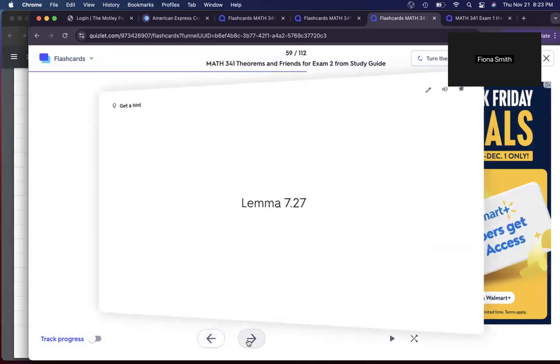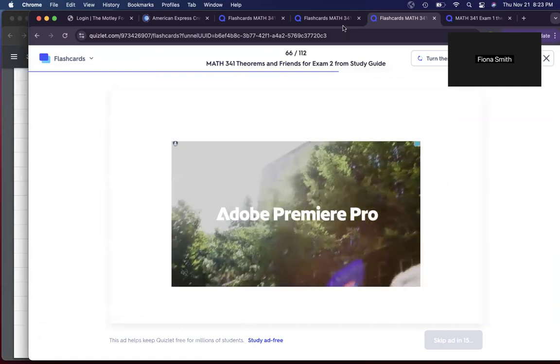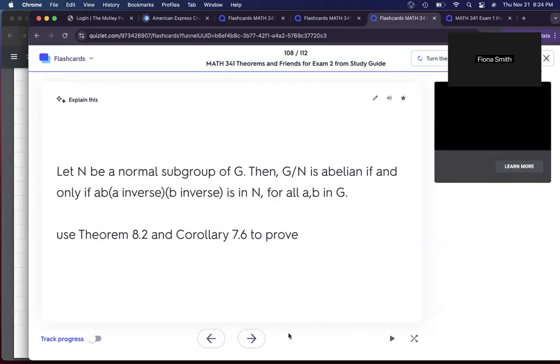And the Corollary 7.6, I tried to go all the way back to Corollary 7.6, but that's actually from like the first exam, so it's kind of irrelevant.